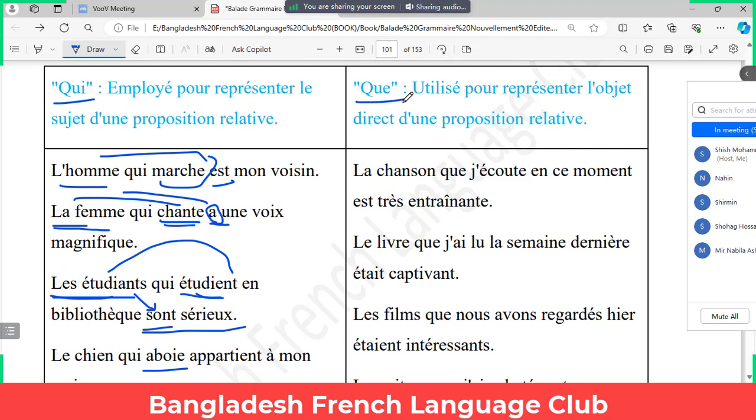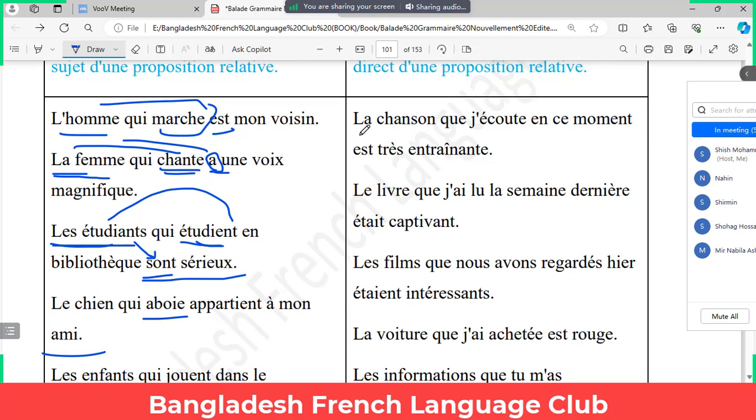And now que, utilisé pour représenter l'objet direct d'une proposition relative. Okay, let's see. So, la chanson que j'écoute en ce moment est très entraînante.